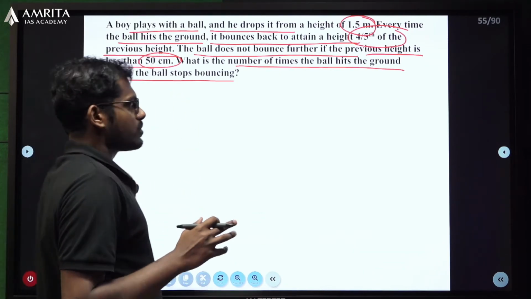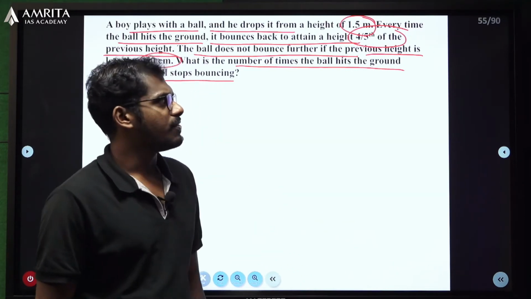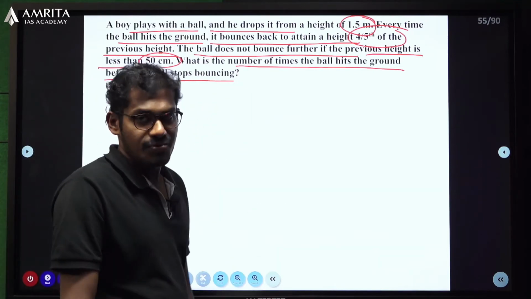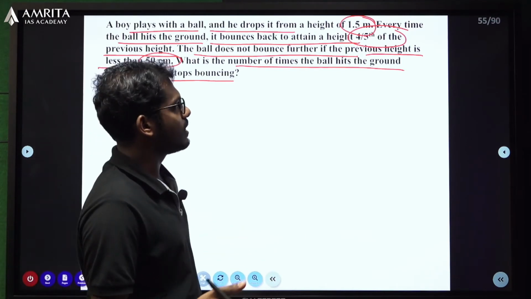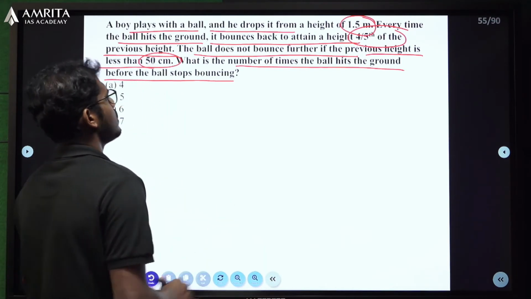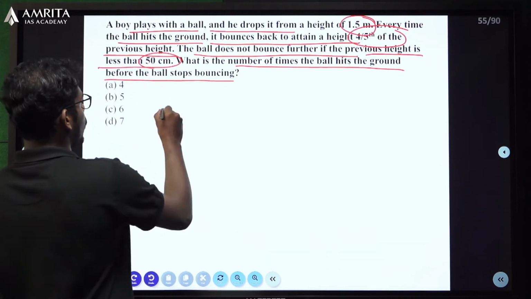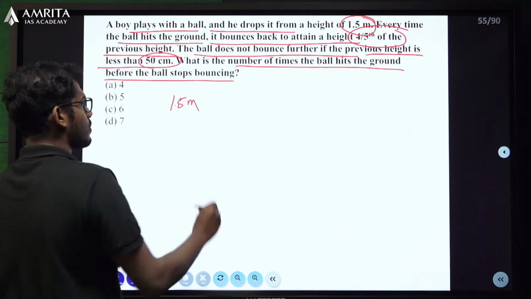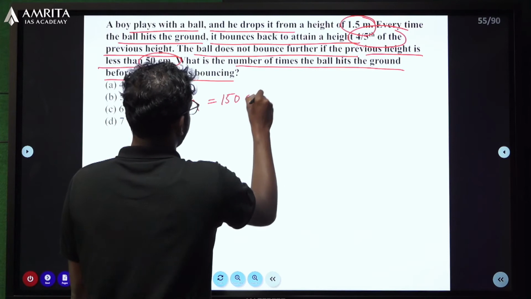The question seems to be a bit difficult, but actually the statement may confuse us. That's why we feel the question is a bit difficult, but it is a medium range question. So a boy drops a ball from a height of 1.5 meter, which is 150 centimeter, right?